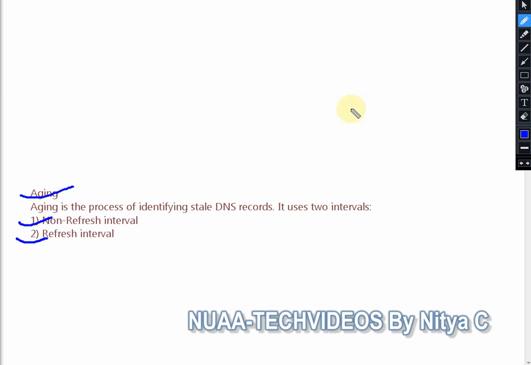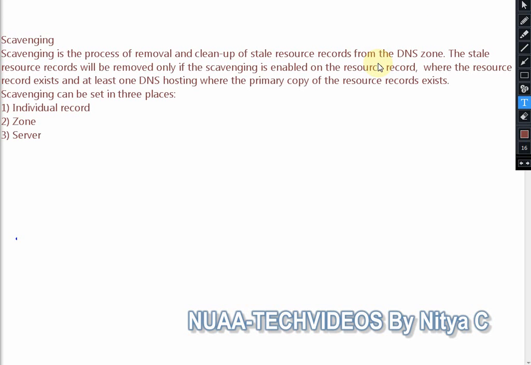Now let's talk about scavenging. Scavenging is the process of removal and cleanup of stale records from the DNS zone. The stale records will be removed only if scavenging is enabled on the zone where the resource record exists, and on at least one DNS server hosting the primary copy of the resource record.